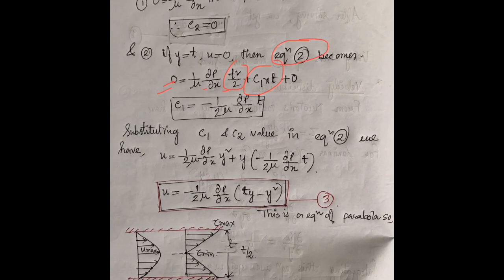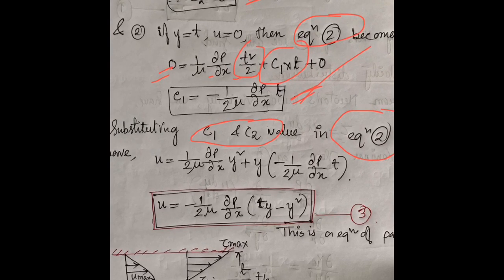Again, if you consider the second boundary condition, y equal to t, u equal to 0, and put these values in equation 2, then it will be 0 equal to 1 by mu del p by del x t square divided by 2 plus C1 into t plus 0.